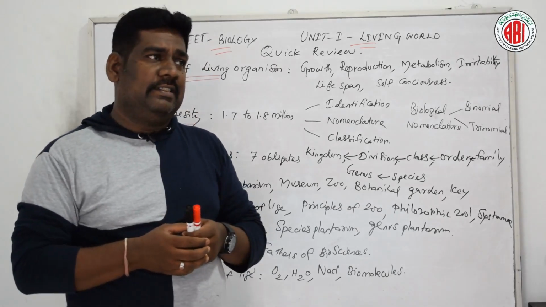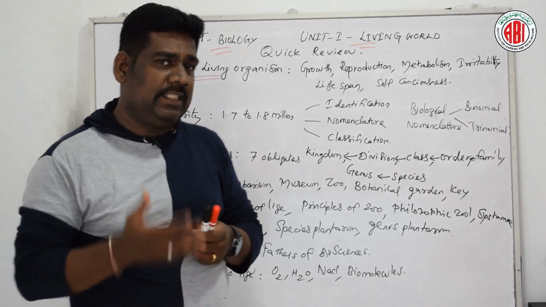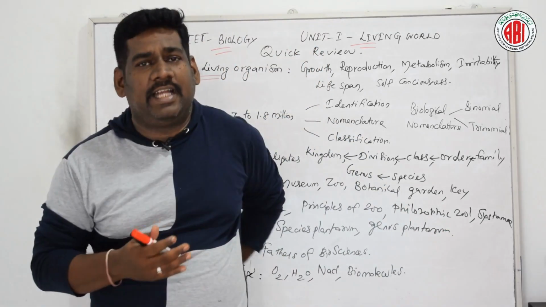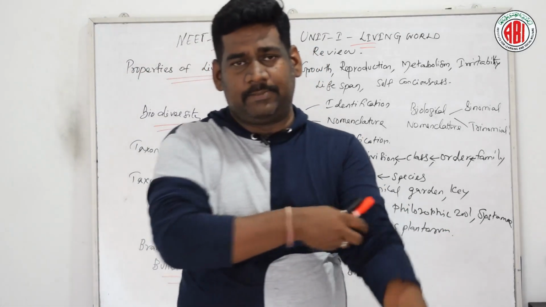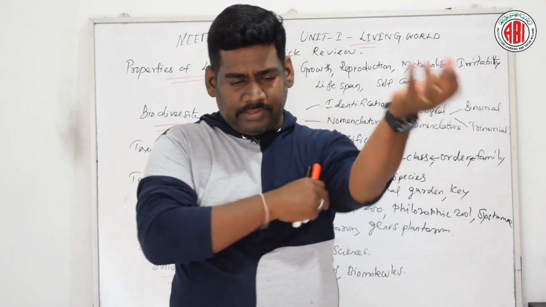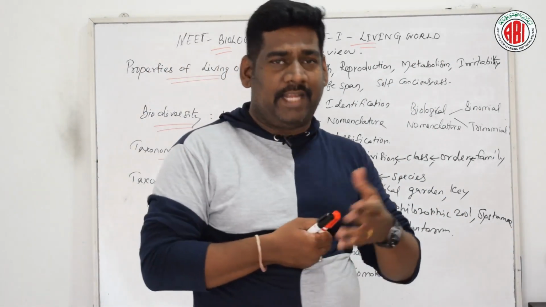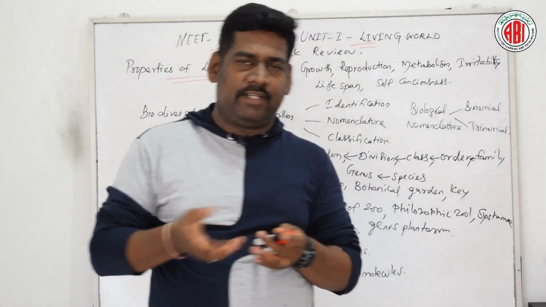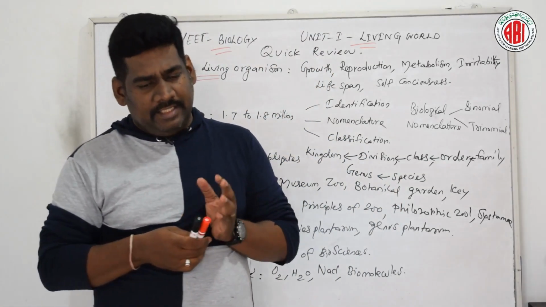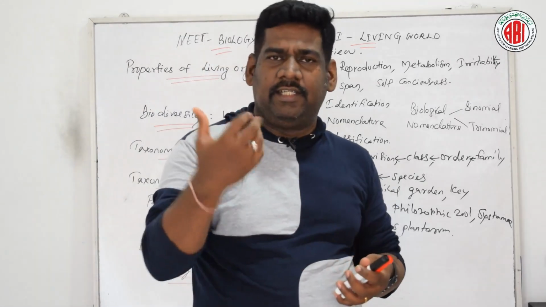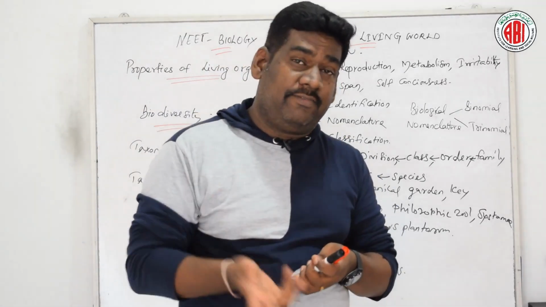When we discuss adaptation, we should also know about the ecosystem. There are different kinds of ecosystems, like the land or terrestrial ecosystem and the aquatic ecosystem. The terrestrial ecosystem is further classified into many categories, like desert ecosystem and forest ecosystem.